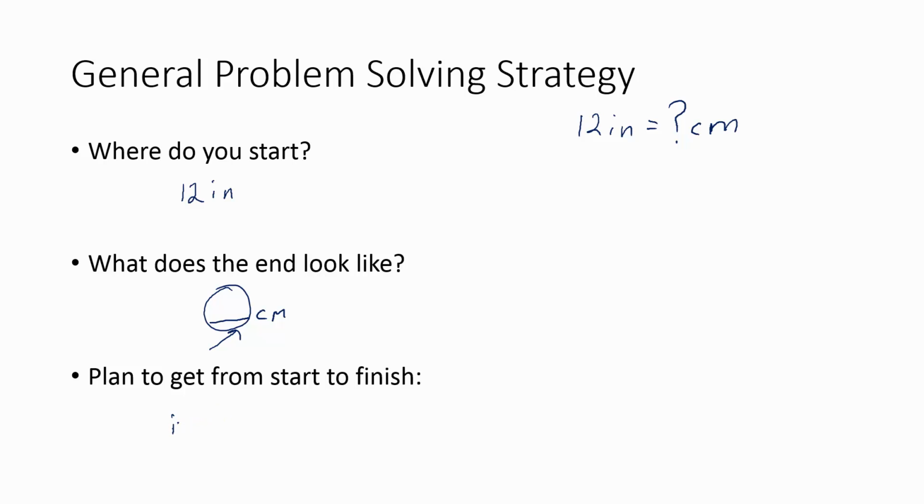Well, if I'm starting with inches, I'm going to need some sort of conversion. I want what I have to cancel out, so I'll put that at the bottom. I want what I want to get to end up as my answer, so I'll put that at the top of the fraction. And now I just need to know what numbers go in here. In this case, 2.54 to 1.